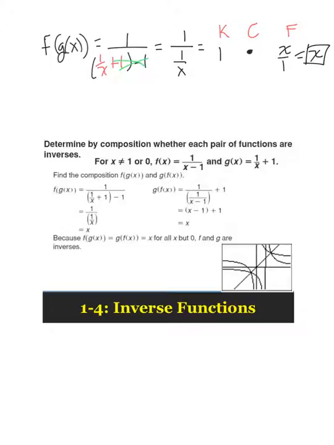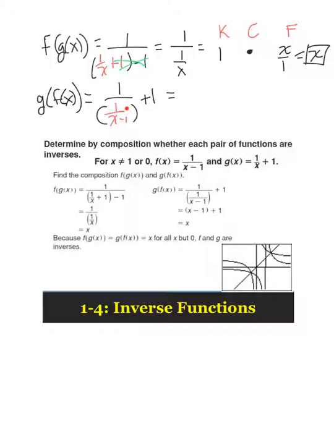So far so good. But then we have to test g of f of x. So I'm going to do g of f of x. This time we're going to start with the g function, which is 1 over x, so big parentheses, and then plus 1 equals. We're going to put the f function in, which is 1 over x minus 1. Well, I've got to deal with the fact that this is a fraction and a fraction.